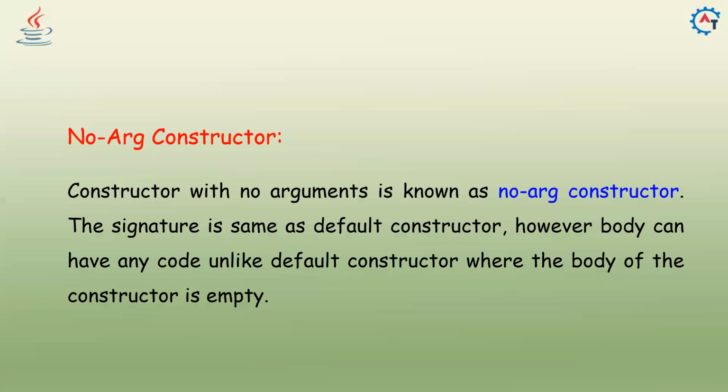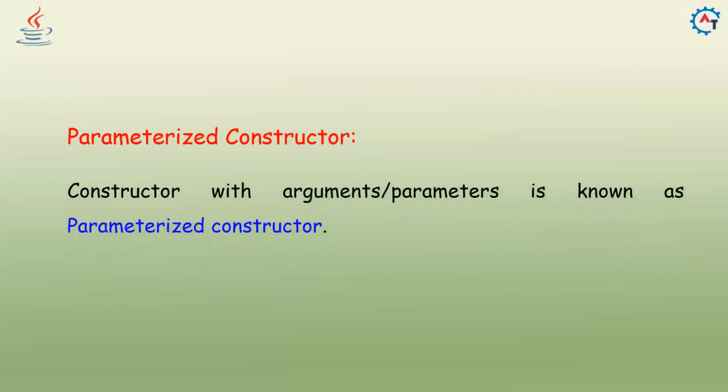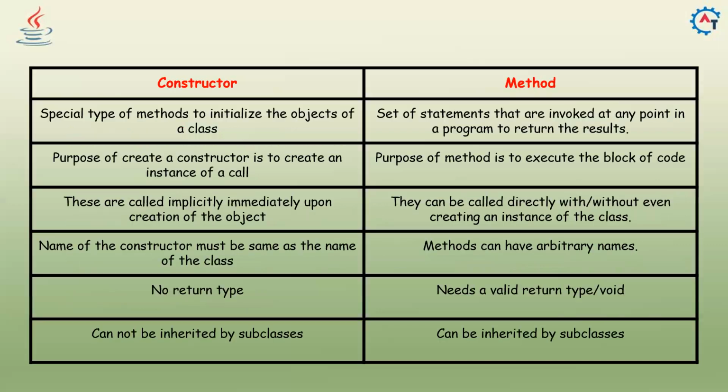Now the parameterized constructor means it will have some arguments. A constructor with arguments or parameters is known as a parameterized constructor. Apart from this, the other properties are the same as before: the name should be the same as your class name, and it will have some parameters. Each of these, default, no-arg and parameterized constructor, we will discuss in detail in our upcoming videos.